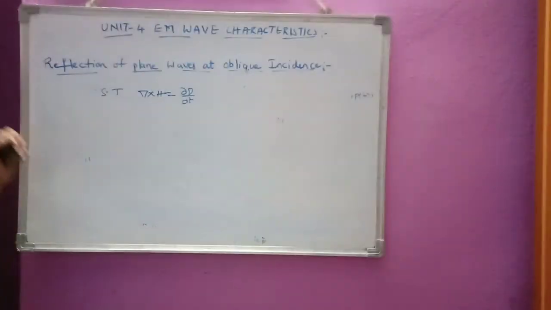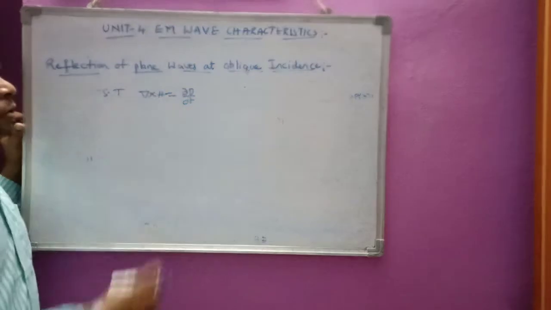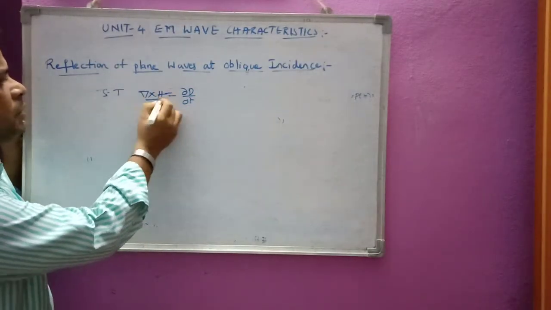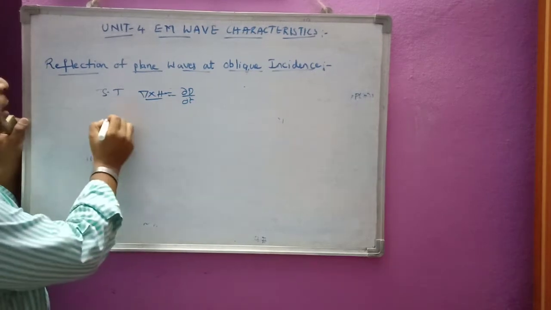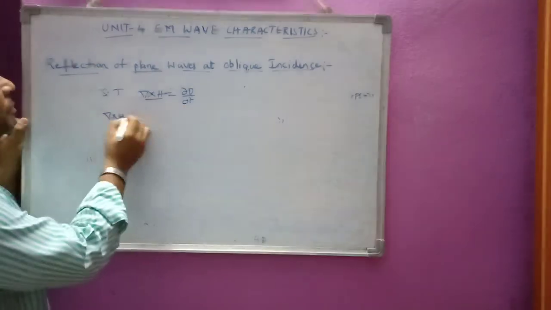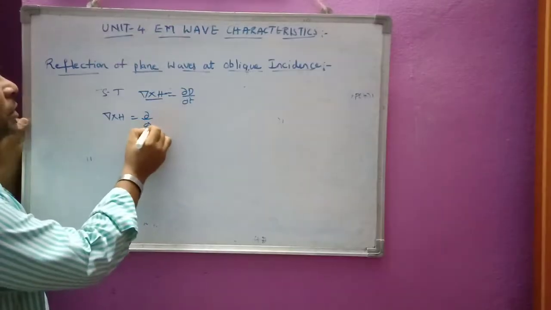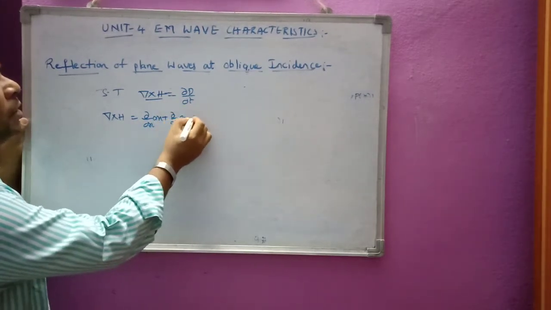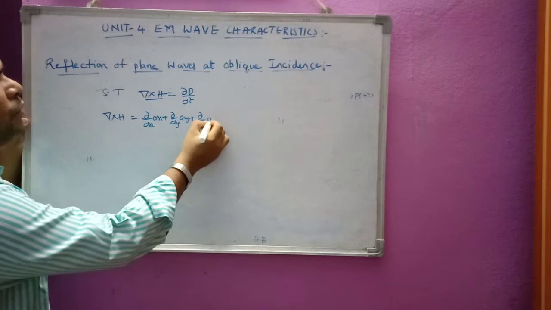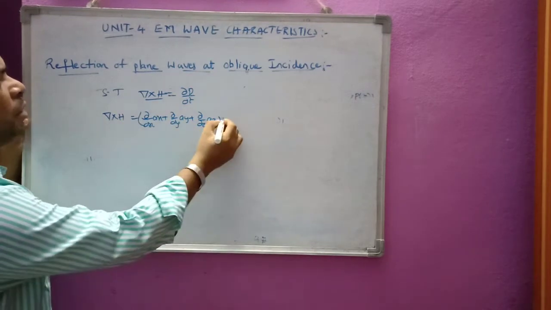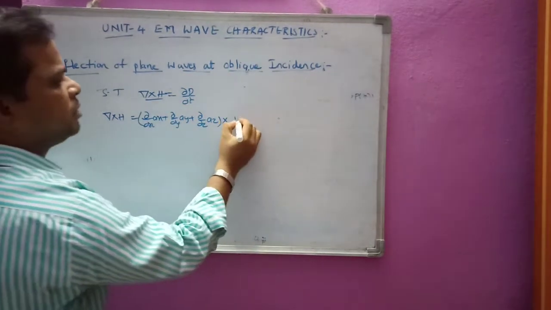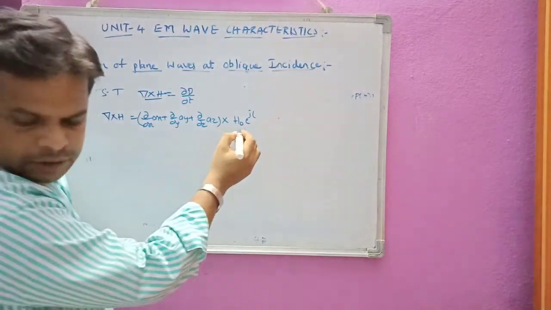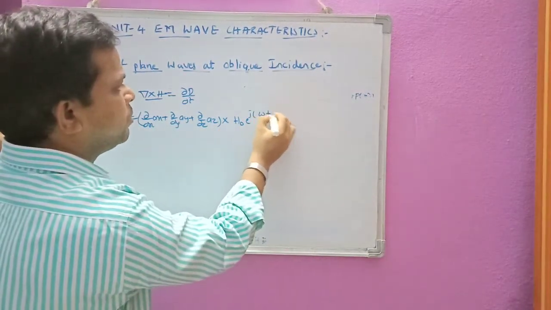So we know that del cross E is equal to dou B by dou t, and let me take this one, that is del cross H. Del cross H is equivalent to what? Dou by dou x of ax plus dou by dou y of ay plus dou by dou z of az, cross product with H, which is nothing but H naught into e power j omega t minus k dot r.